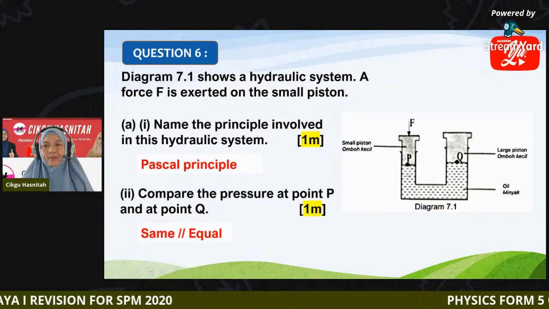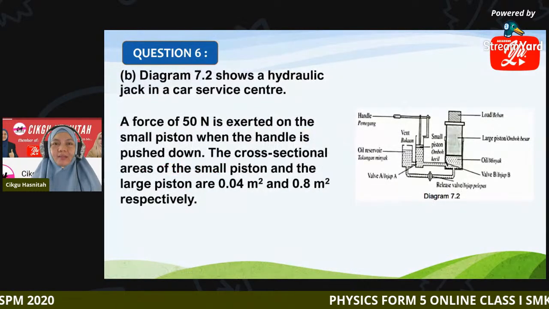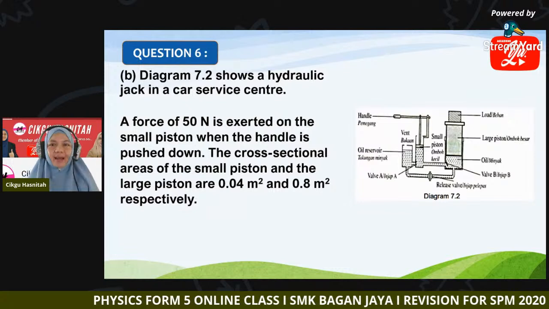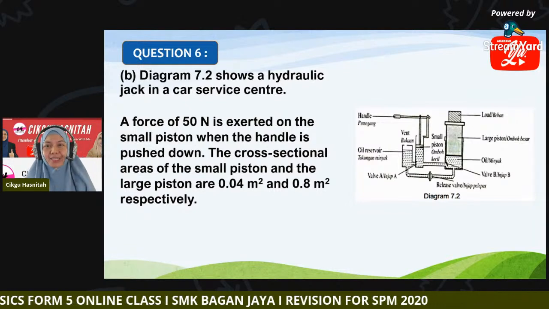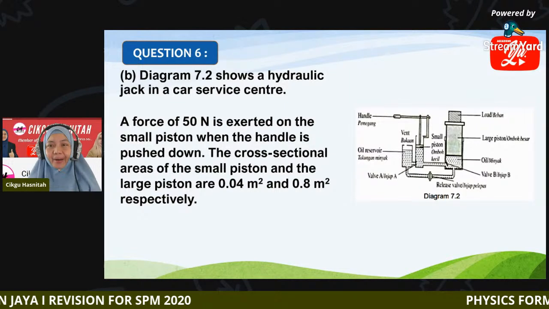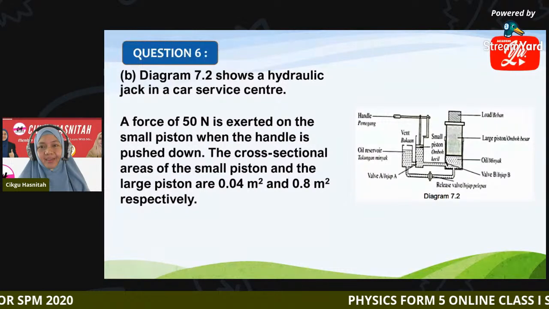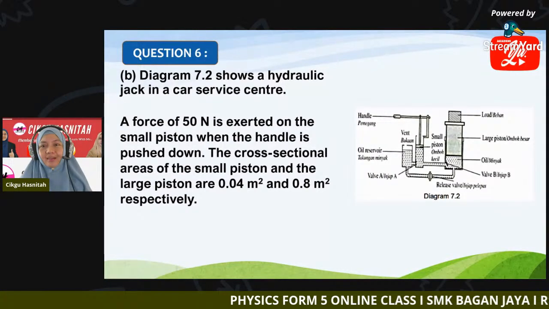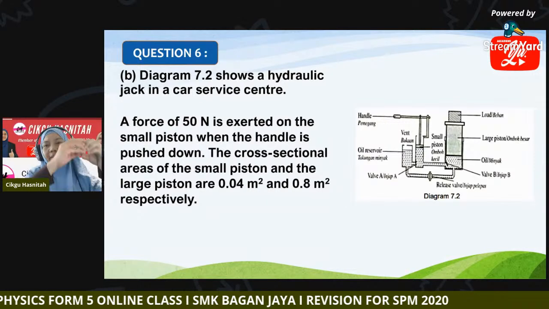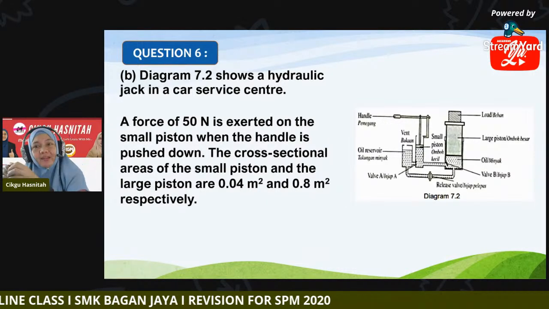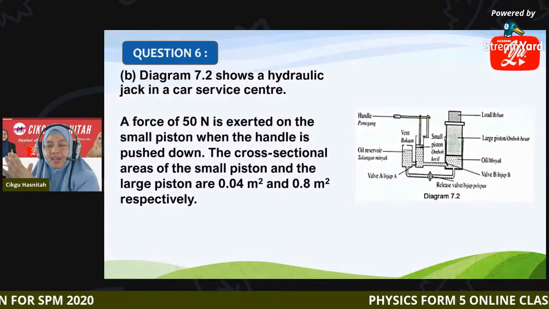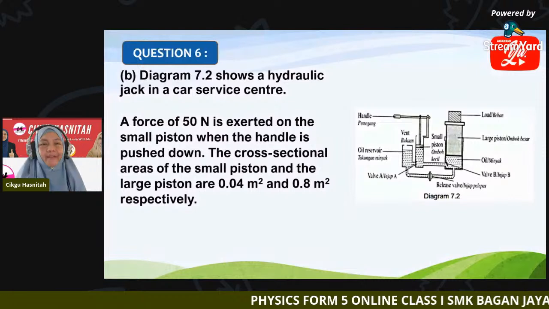Next, diagram 7.2 shows a hydraulic jack in a car service center. One student said Q is higher than P. Why do you say so? The pressure is the same. The pressure exerted at P will be transmitted equally throughout the liquid, so the same amount of pressure will reach Q. Remember Pascal principle.